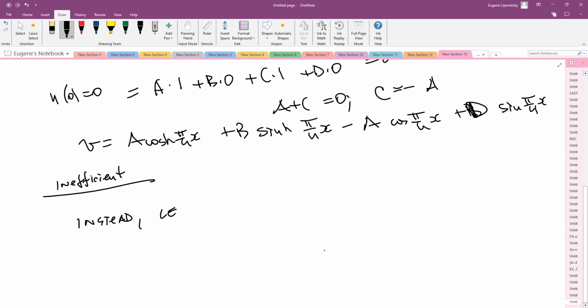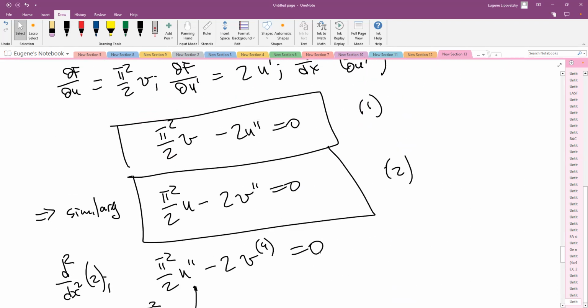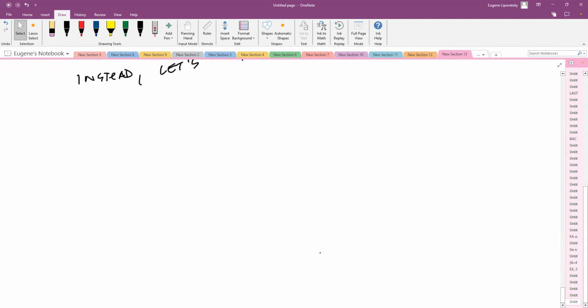Let's try the following. We'll have u double prime equals pi squared over 4 v, and v double prime equals pi squared over 4 u, right? Okay. Let's write it down in matrix form.